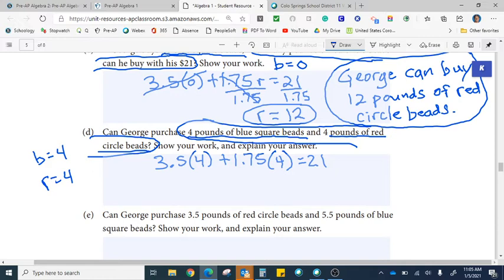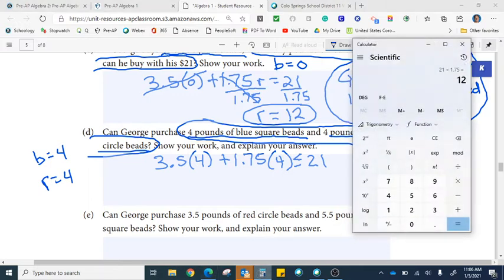I'm just trying to see if it equals 21. Notice I don't have any variables anymore. Does it equal 21 or less? Okay? So I could also restate that in terms of an inequality rather than an equality. All right? It's got to be less than or equal to 21, right? Okay, I can't purchase it if it's more. I only have $21. If it's more than that, I can't purchase it.